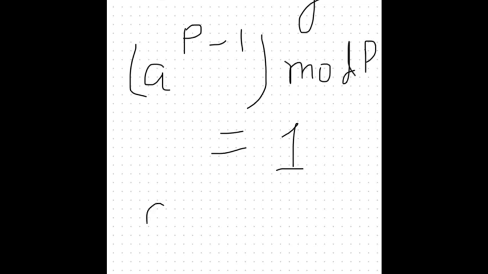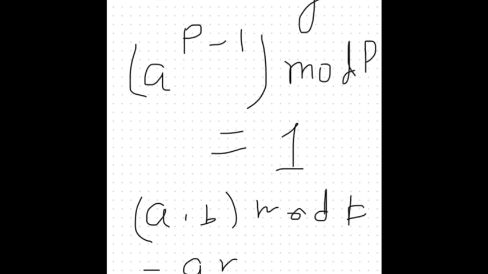Let's say for the product you have any two numbers A, B. So AB modulo P, if P is a prime number, is actually equal to A mod P into B mod P, and everything on mod P. So basically it says that you can take individual numbers modulo P, multiply them, and then again take modulo P. That is what you will get when you do AB mod P. So we will use these two results. Remember, these two results are used to solve that question.